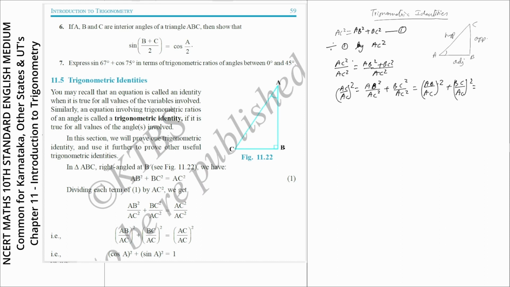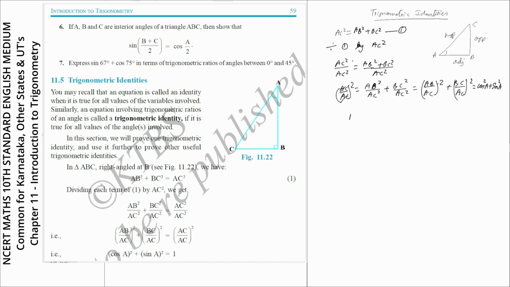Now AB by AC is nothing but cos A with respect to angle A. Therefore, AB by AC the whole square is cos square A. Now BC by AC, opposite by hypotenuse, is nothing but sine of A. Therefore, BC by AC the whole square is sine square A. Now AC by AC will get cancelled on the left hand side and we get 1.